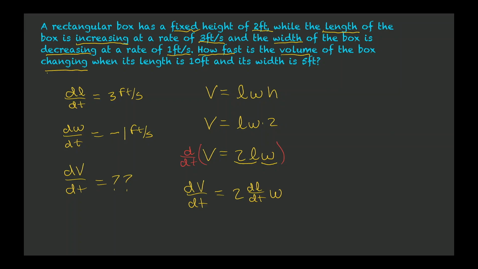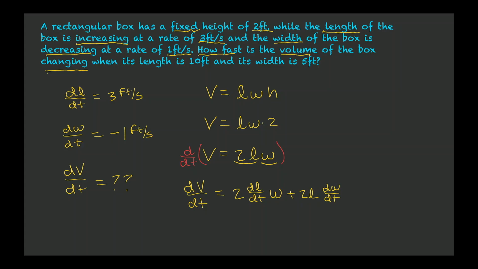Now we're going to add on, leaving 2l alone, and then taking the derivative of w. And again, you might say the derivative of w is just 1, but we need to remember to tack on dw/dt.